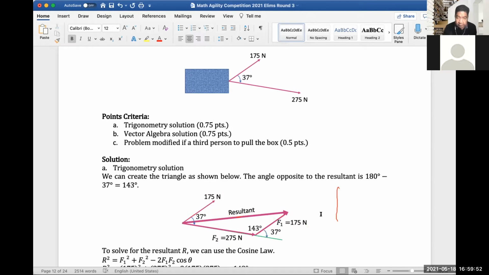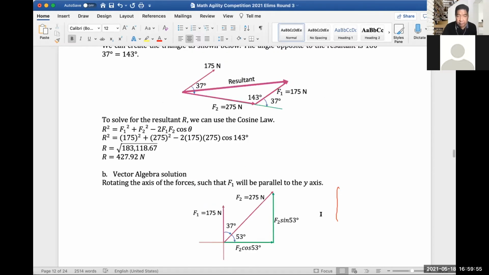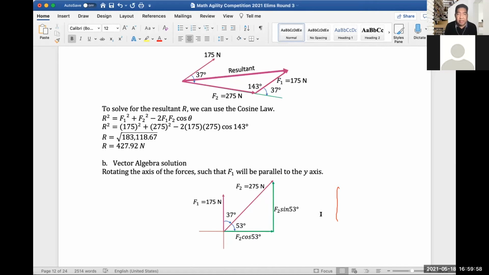So cosine law is basically r squared equals f1 squared plus f2 squared minus 2 f1 f2 cosine of theta. The side we are solving is opposite the angle that we know, which is 143 degrees, our theta. So simply substitute that in the equation and we will be able to solve the resultant force of 47.92 Newton. Okay, so that's the trigonometric solution.